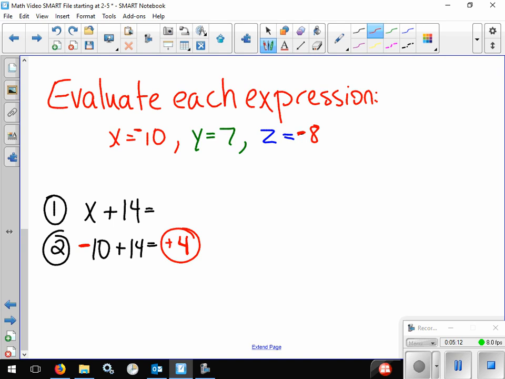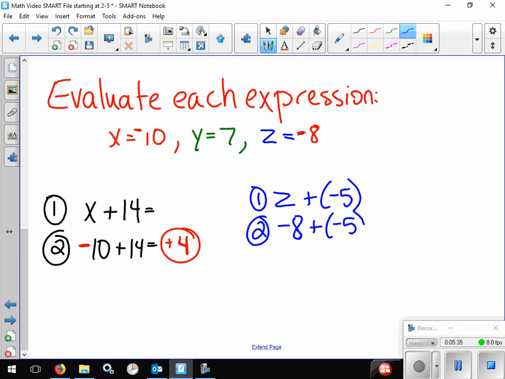All right, what if I say problem number 2, z plus a negative 5. The first thing I'm going to do is substitute it in. What is z? z is negative 8 plus a negative 5. Now I've got to clean up the messiness.